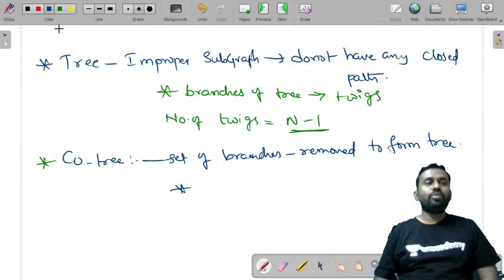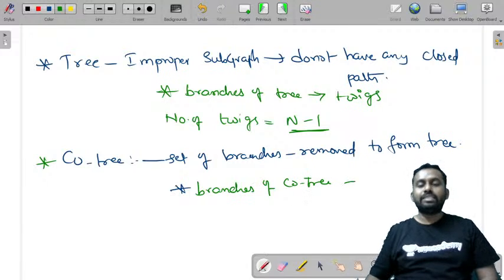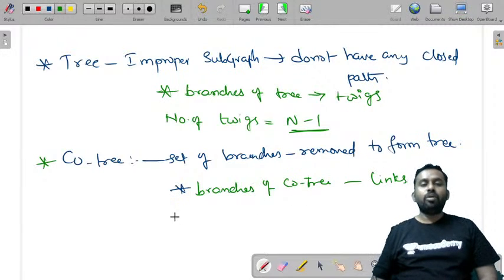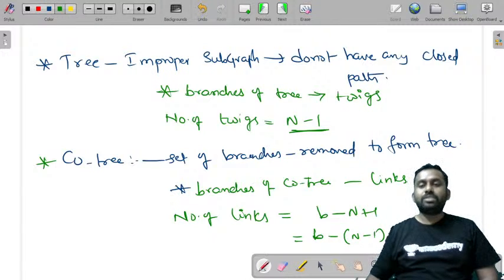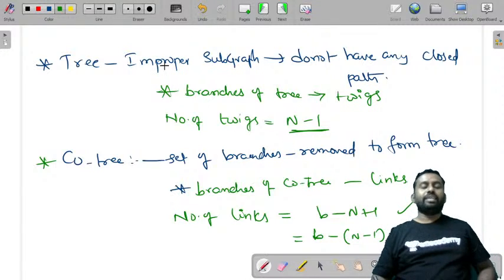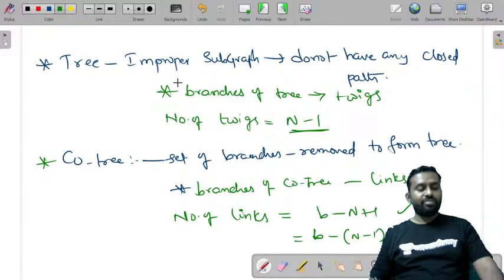And the branches of the co-tree are called links. How many links will you have? The number of links is equal to b minus n plus 1. These are the number of twigs and number of links. You can draw any tree. For example, I'll take one.